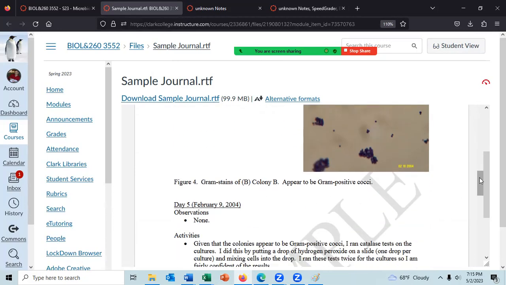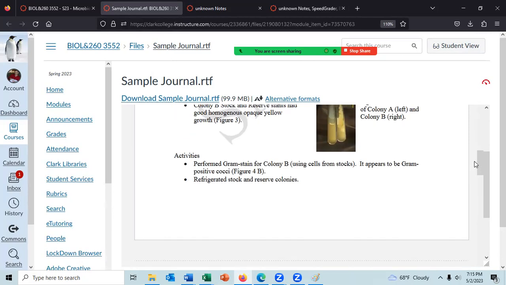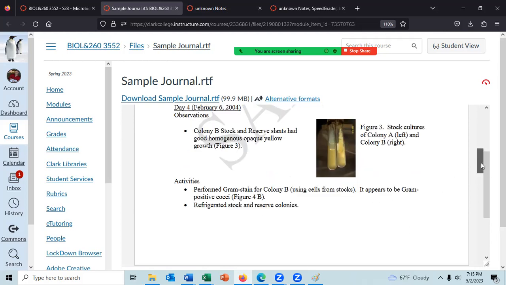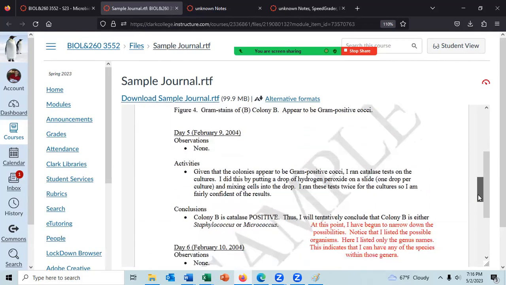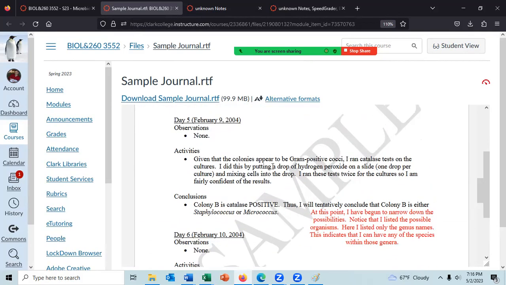On this day, it looks like he put the conclusion in with the activities. Don't do that. You should put the conclusions in with at least the results or the conclusions part.